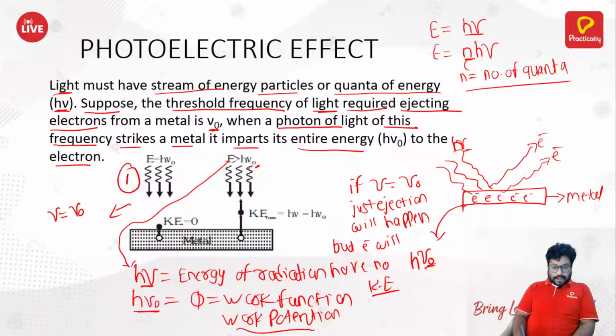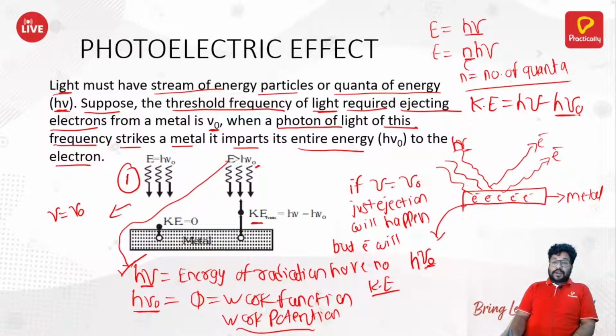Whatever part it requires to cause the ejection will be used, and the extra part of the energy will be imparted to the electron in the form of kinetic energy. In other words, the kinetic energy of your photoelectrons will be equal to h nu minus h nu zero, where h nu is the energy of the radiation falling on the metal surface.